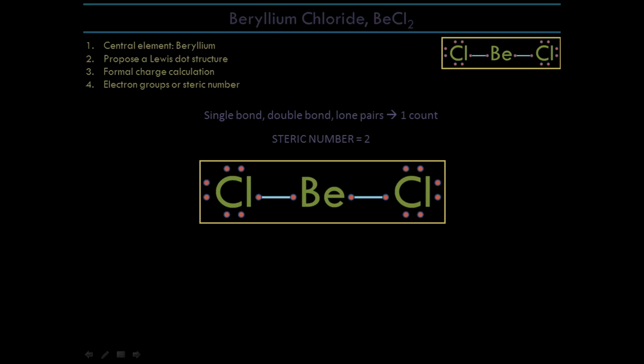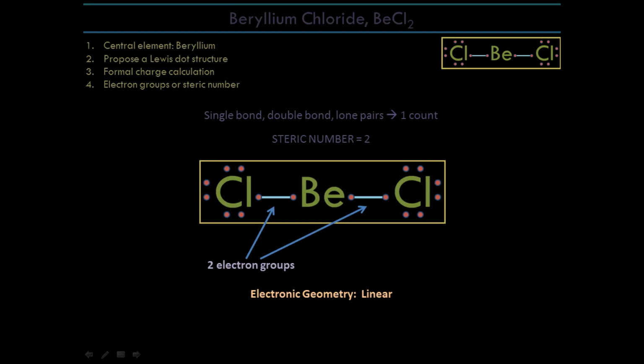Because if they are not 180 degrees, let's say 170, 90, they will push each other away, and if it's bent, then there's going to be repulsion because they're near compared to this 180 degree drawing here. So there are 2 electron groups and the electronic geometry is linear.